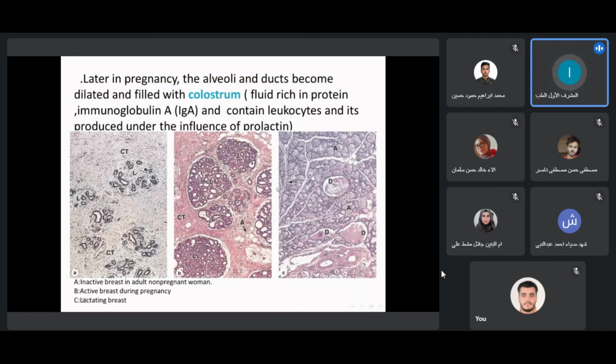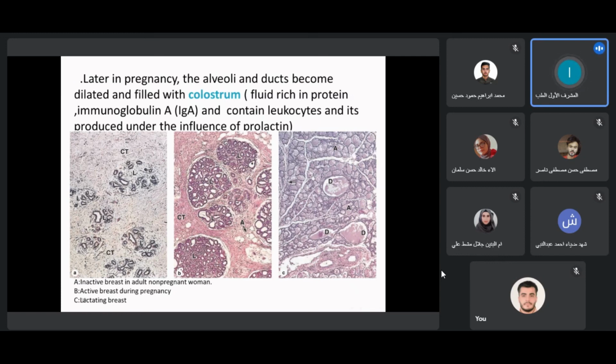Later in pregnancy, the alveoli and the ducts become dilated and filled with secretions that are called colostrum, which is a protein-rich fluid that also contains immunoglobulins and is produced under the influence of prolactin.